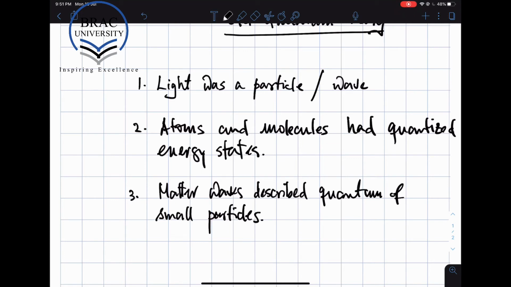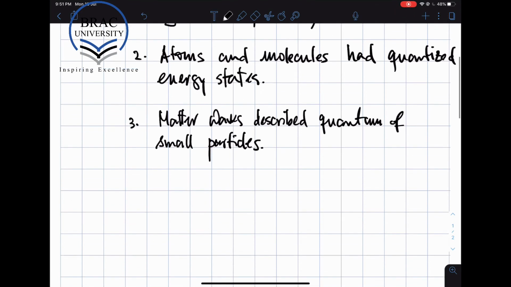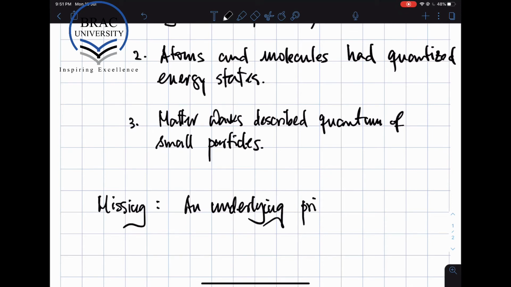So there were all these ad hoc rules, but what was really missing was an underlying principle.